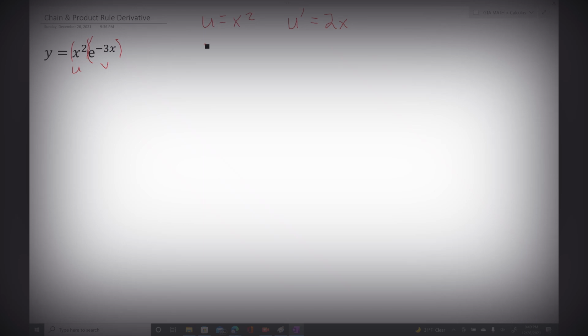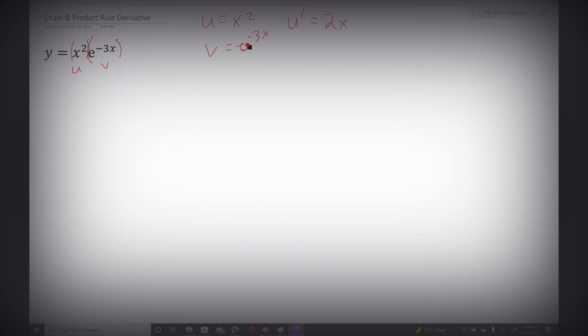So we know that v equals e to the negative 3x. So we're not going to be taking the power rule specifically. We're going to have to chain rule this.